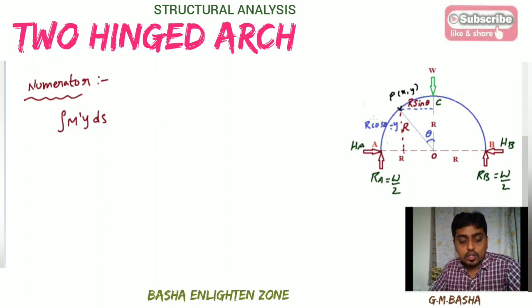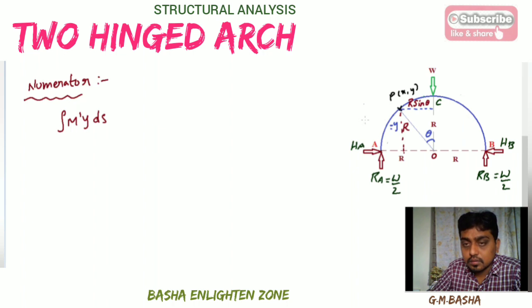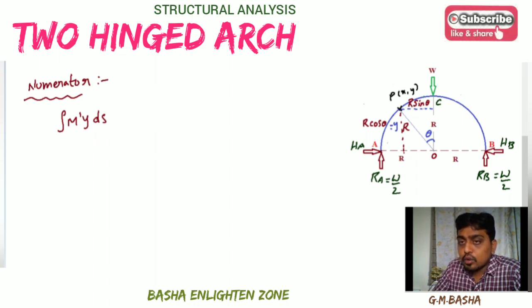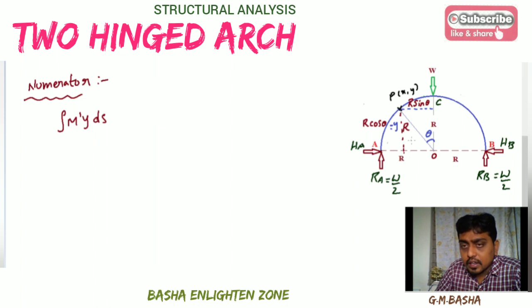y value equal to r cos theta. Then this opposite value will be equal to r sin theta. Then I will be resolving the forces up to this point. See here, up to here it will be a distance of x. From here to this point it will be x, and the remaining part from here to here will be r sin theta.